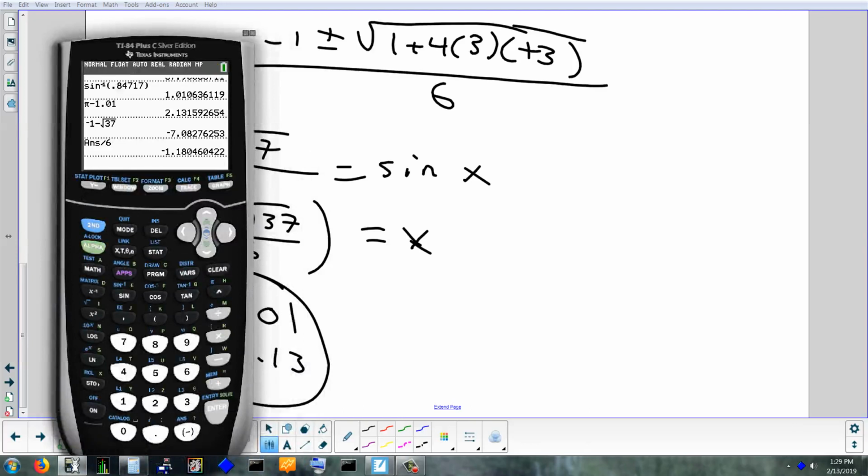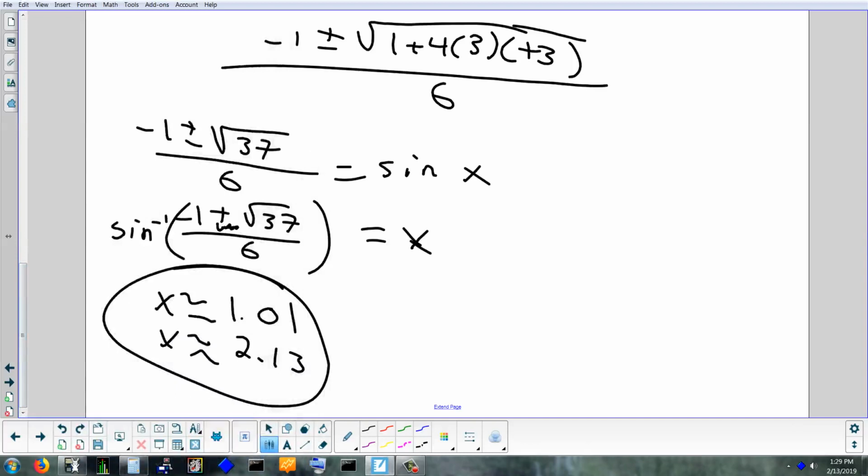Can I take the inverse sine of that? No, it's too small. So in this problem, you don't even have to worry about the negative. It doesn't work. If it did work, then you would have gotten 2 more answers, just like we got 2 answers here. But it doesn't work, so you're done.